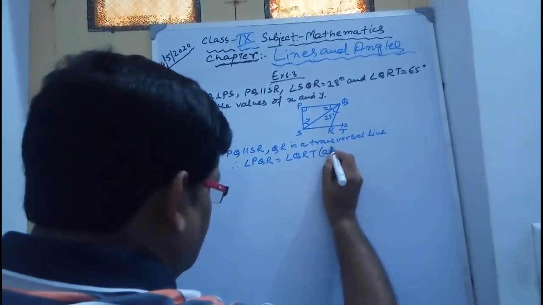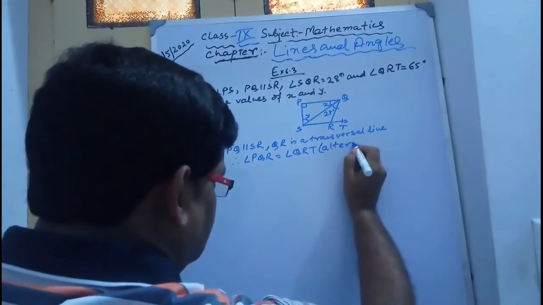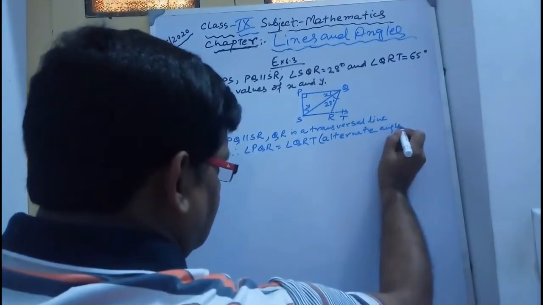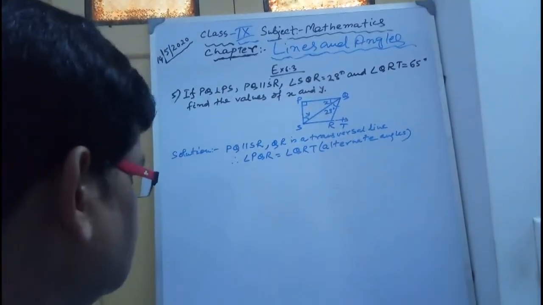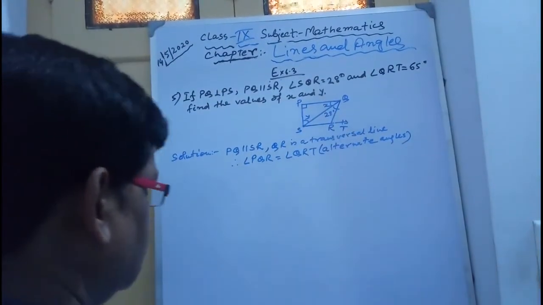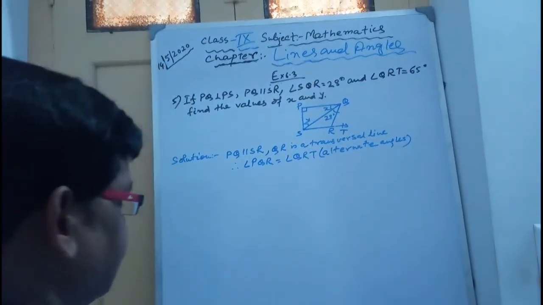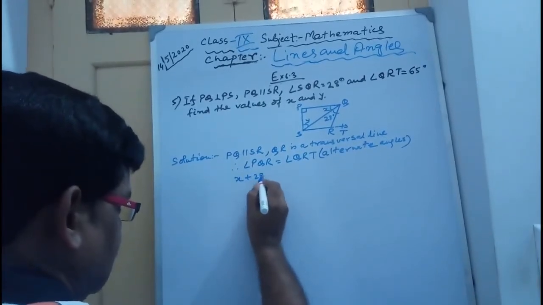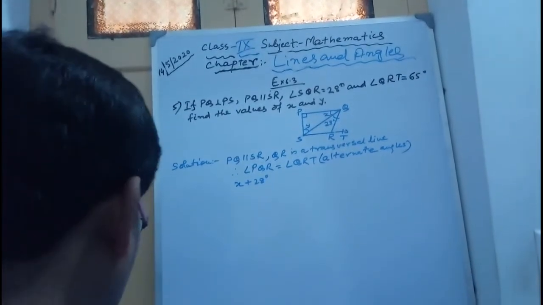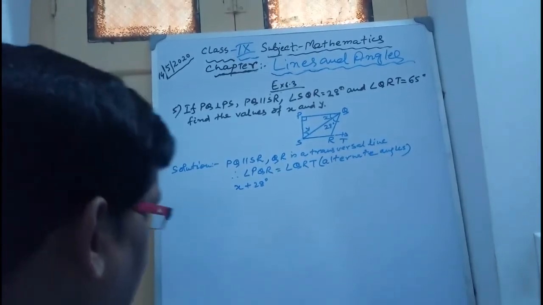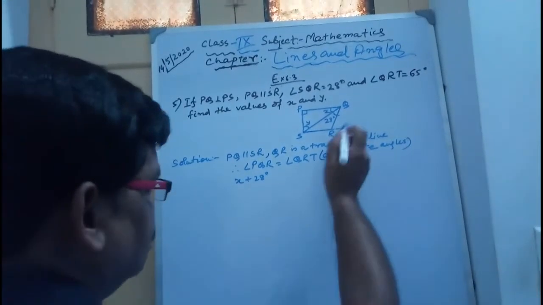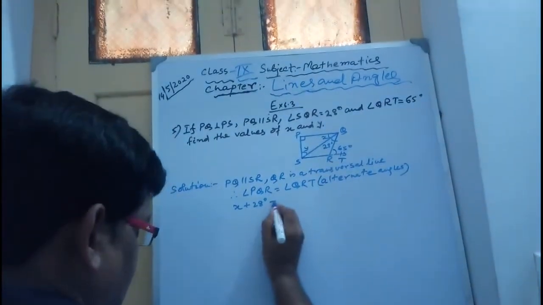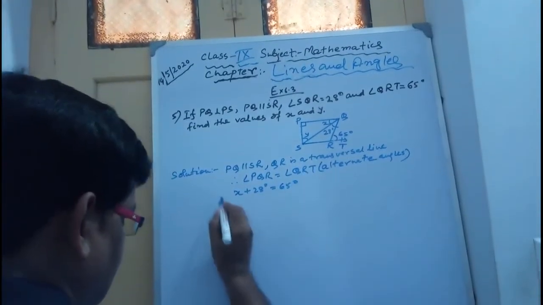Reason: alternate angles. Angle PQR, that is X plus 28 degrees, and angle QRT is given as 65 degrees.